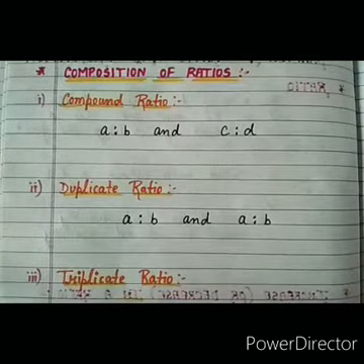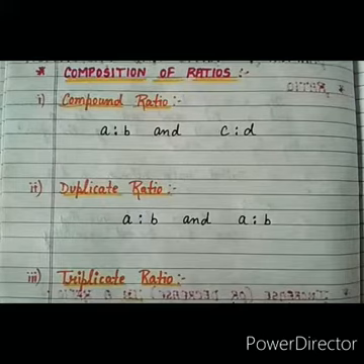For two or more ratios, the ratio between the product of their antecedents to the product of their consequents is called compound ratio.